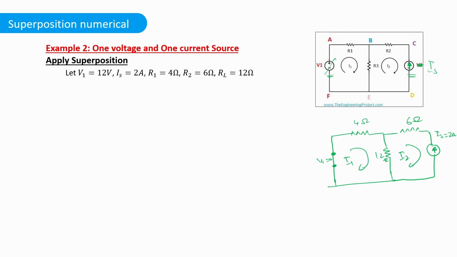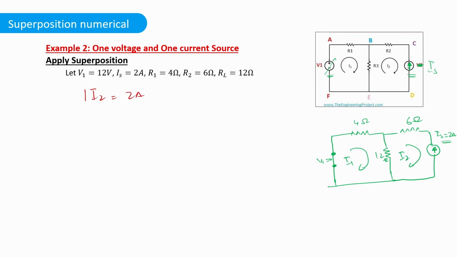So we can call I2 as 2 ampere because we already know that. So we don't need to apply KVL in this mesh. So I2 is 2 ampere.